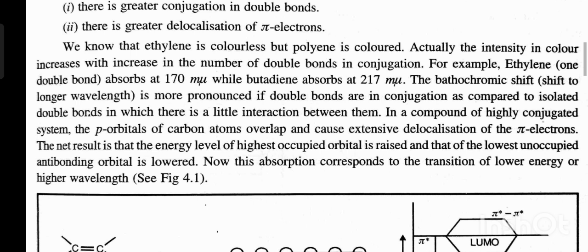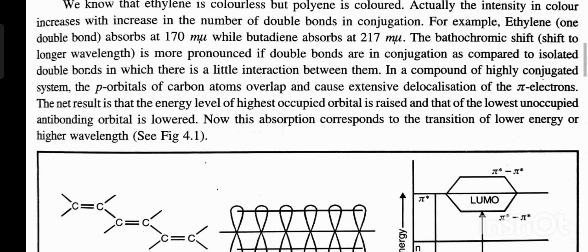In a highly conjugated system, the p orbitals of carbon atoms overlap and cause extensive delocalization of pi electrons. The net result is that the energy level of the highest occupied orbital is raised and that of the lowest unoccupied antibonding orbital is lowered.